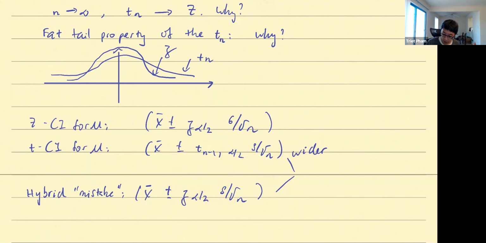The reason is this. Fat tails means, another way, that the Z curve comes down faster than the T curve. The T curve decays more slowly. What that means is that both of these curves have total area under the curve equal to 1, because they're both densities. But because the Z comes down faster, it captures area more quickly than the T. Agree?